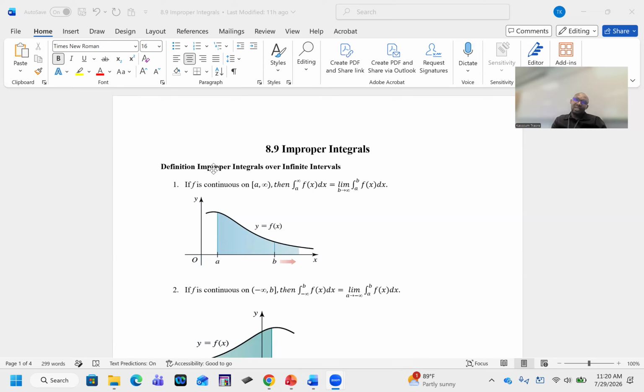If f is continuous on the interval closed from a to infinity, then the integral of f of x dx from a to infinity is equal to the limit of the integral from a to b of f of x dx as b goes to infinity.